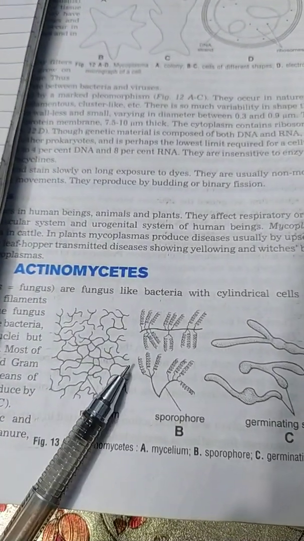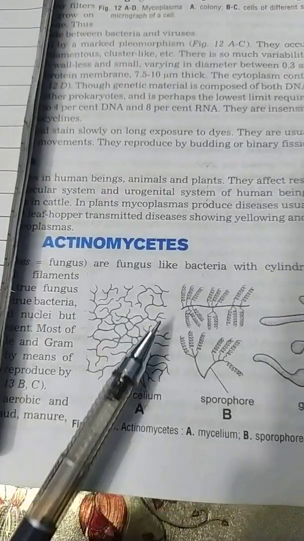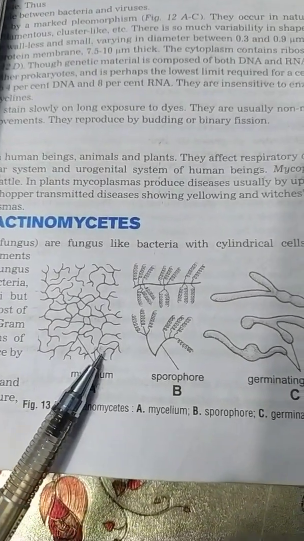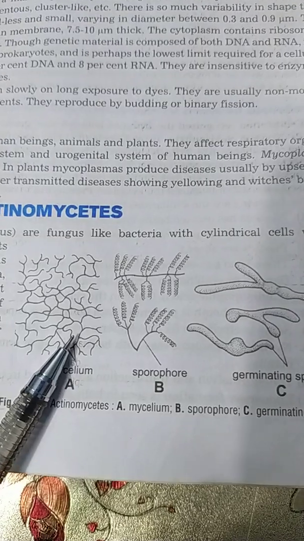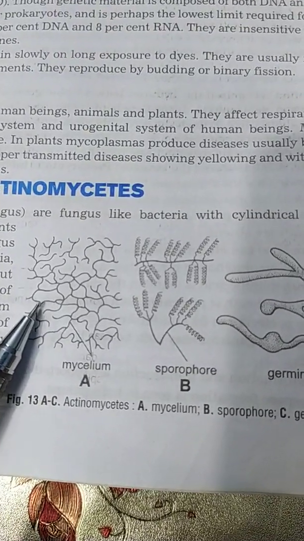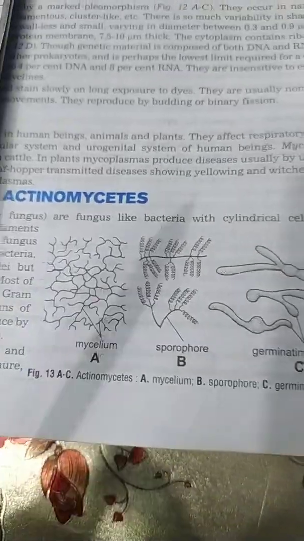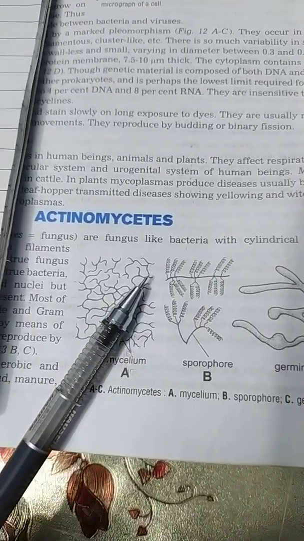In actinomycetes, as in true bacteria, there are no well-defined nuclei, but many chromatin granules are present. Actinomycetes are non-motile and they are gram positive in character.